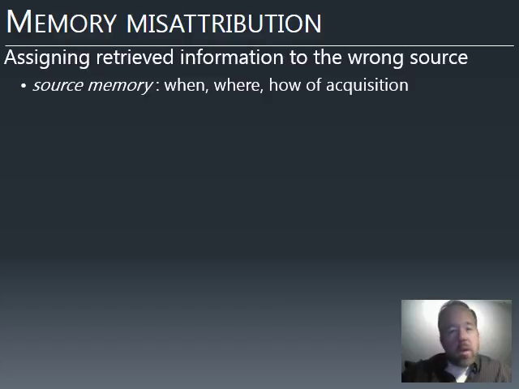Or perhaps you know the face and the identity of your friend very well, but you may not remember when you first met them, what context it was, where it was. And so those are two different concepts, what the information is, and when, where, and how you first learned it. And it's much harder to recollect the second one.